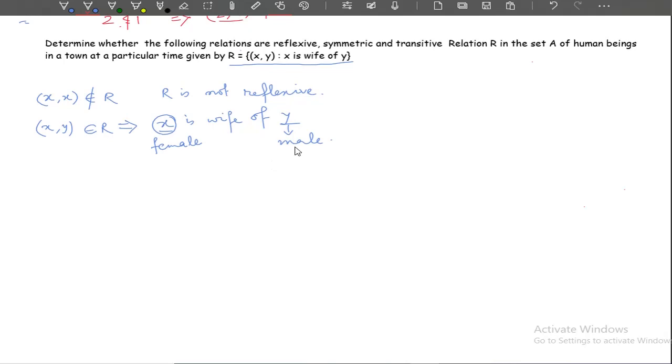We have taken this word in this way only. So y cannot be wife of x. (y, x) doesn't belong to R. So this is not transitive, oh sorry, symmetric. Therefore, R is not symmetric.